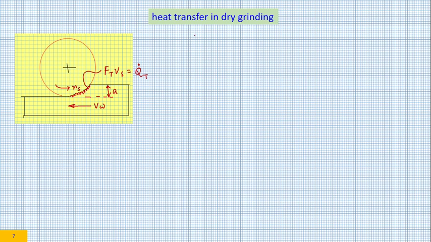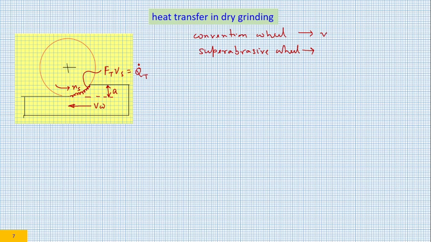Now dry grinding can be undertaken by a conventional wheel, or it can be undertaken by a super abrasive wheel. And there is a major difference between the thermal characteristics of these.